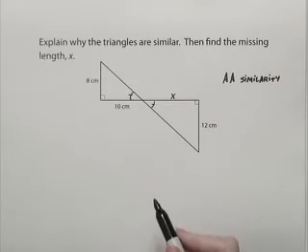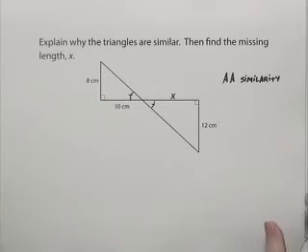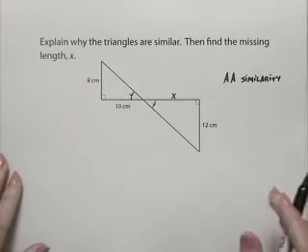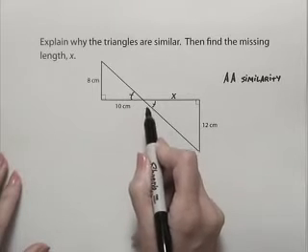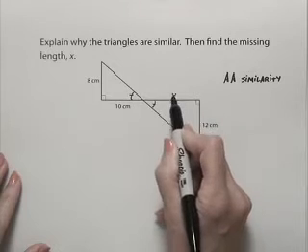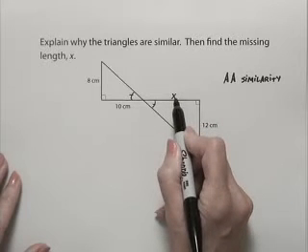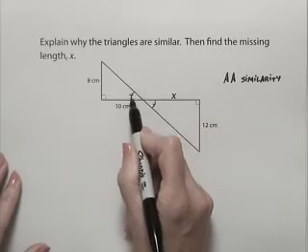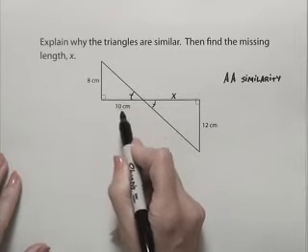Now, to determine the missing length, we use the fact that if we have similar triangles, then corresponding parts are going to be proportional. We can look at the fact that between the angle that I have noted and the right angle, I have a value of x on the triangle to the right. Between that angle that's congruent and the right angle, I have a value of 10.